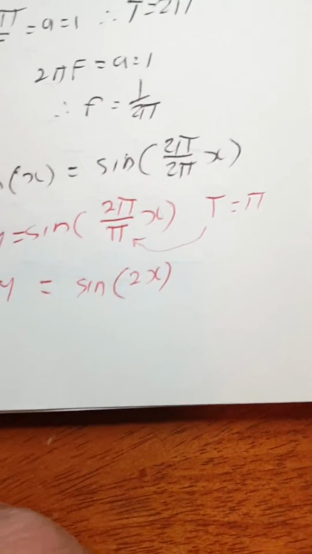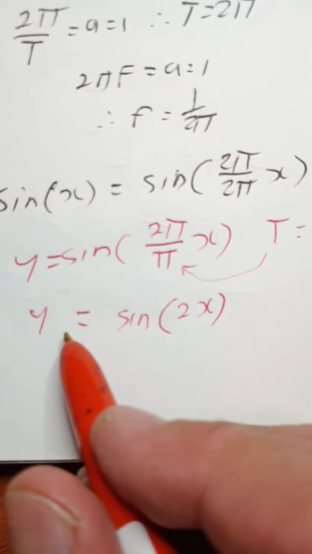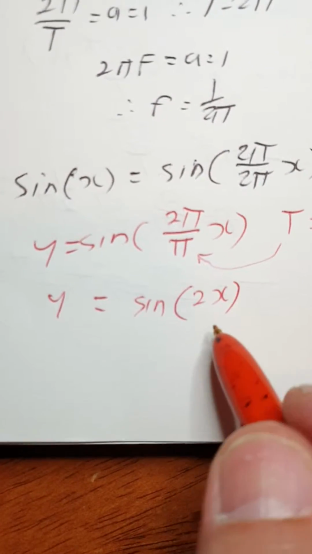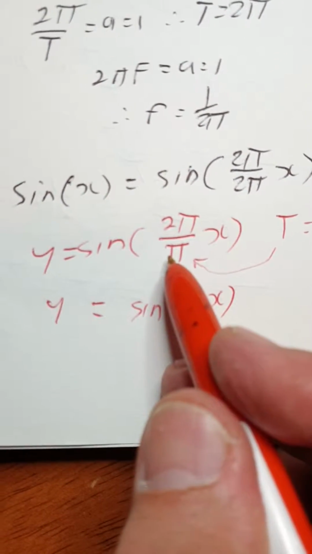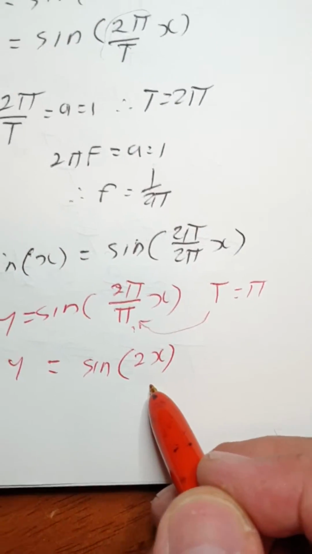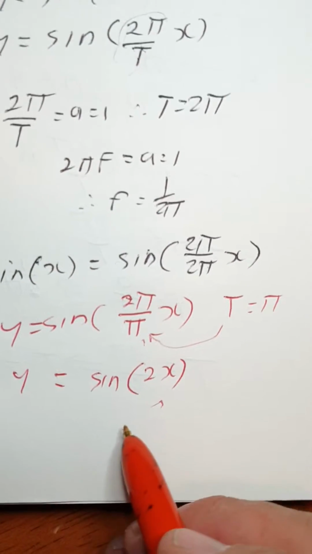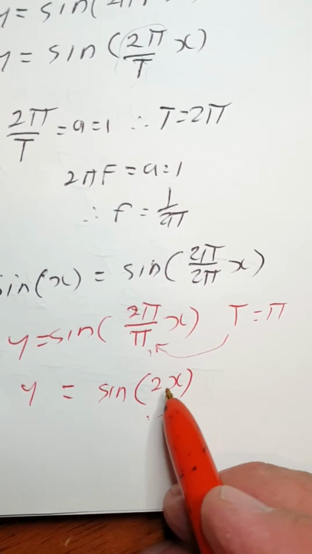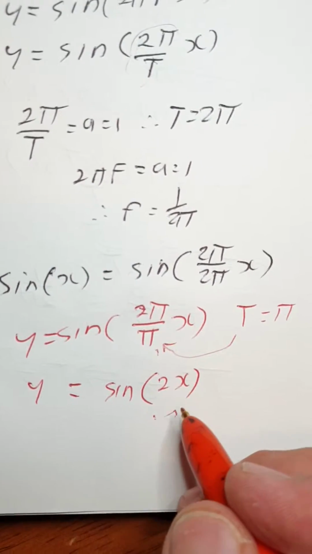And that's the case. If the equation or a curve was written as y equals sine of 2x, it has a period of pi, because 2 pi divided by pi, the bit that's always there, then equals 2. We can go backwards on this as well.